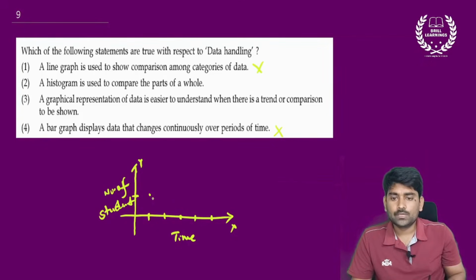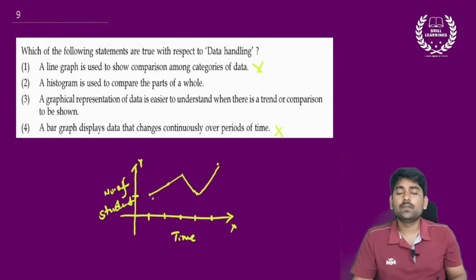First year, 10. Second year, 15. Third year, 20. Fourth year, again 10. Fifth year, somewhere 25. So that means it displays data that changes continuously over a period of time. This is called a line graph.